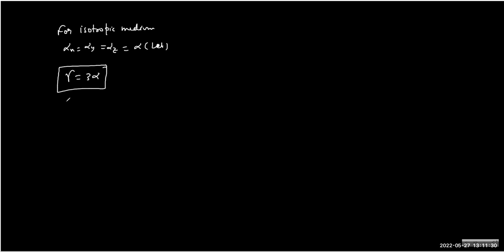And so we can say that for isotropic medium, gamma will be alpha x plus alpha y plus alpha z. Alpha x will be the same as alpha y, the same as alpha z, and let's call it alpha. So gamma becomes thrice of it, right? So gamma of solid we can write as thrice of alpha. Generally, alpha is given for solids, right?